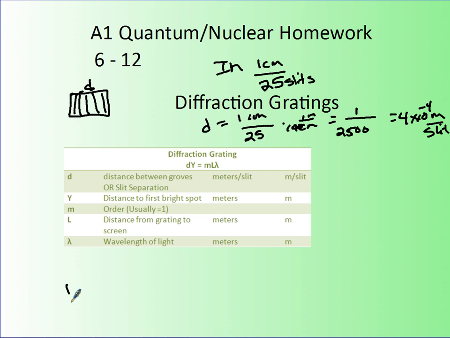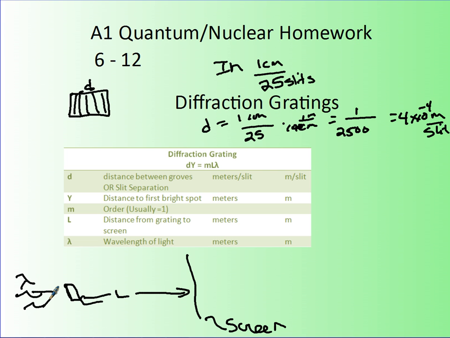Now suppose I have a diffraction grating a distance L from a screen. Here's my screen. If I shine light of a given wavelength through this diffraction grating, I'm going to see a bright spot a distance y above the central maximum, and there'll be another one down here, the same distance.